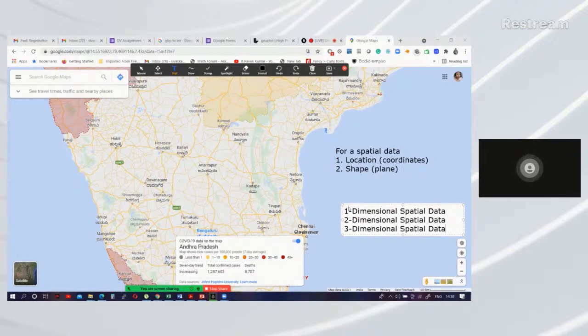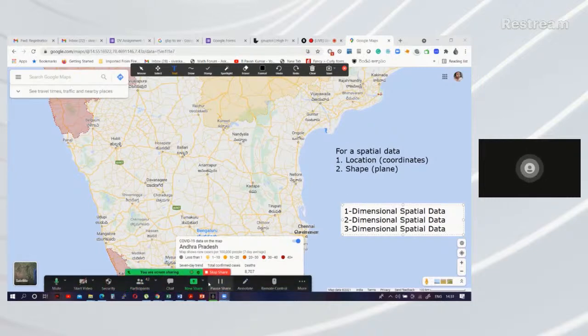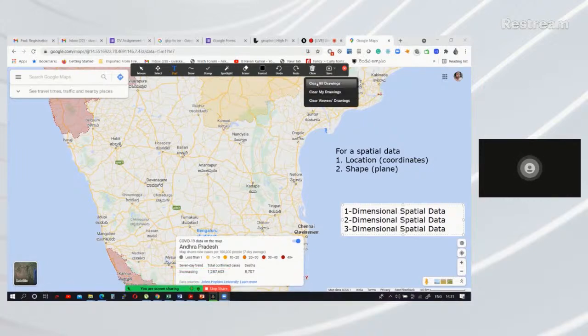If I observe the map from a two-dimensional point of view, it is only the geographical locations and the shapes. But I would like to show one more detail in this same Google Map. So for that, I am just clearing all these things.